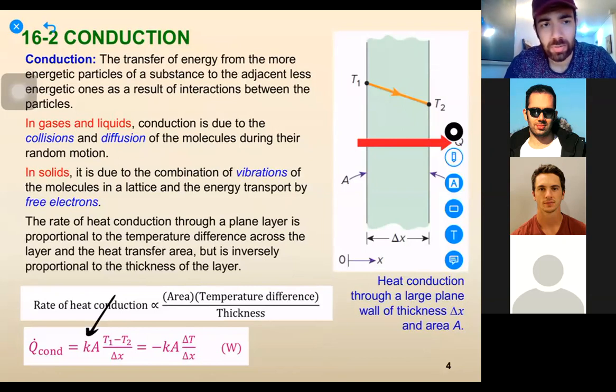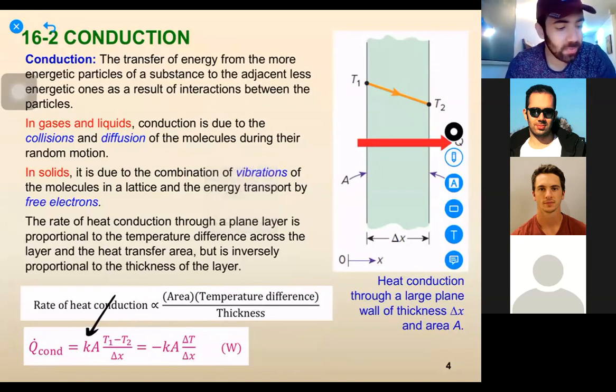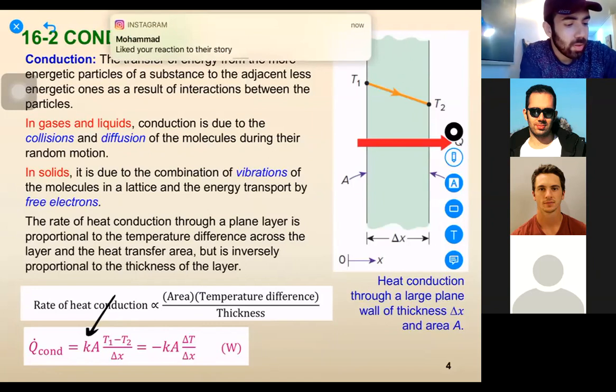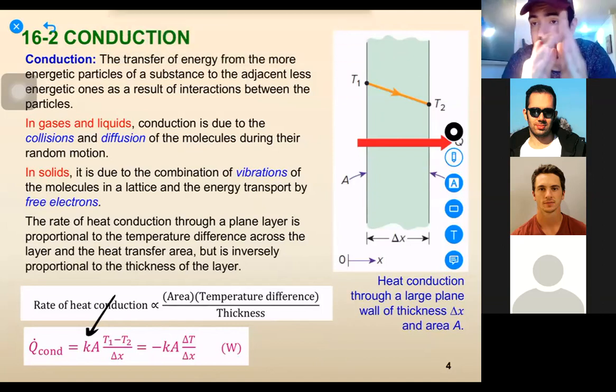K is specific to the kind of material which is inside or between the 2 surfaces that are conducting and transferring heat to each other.